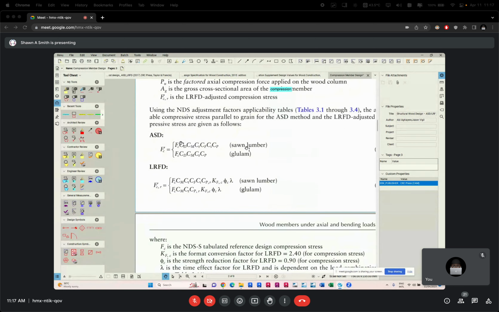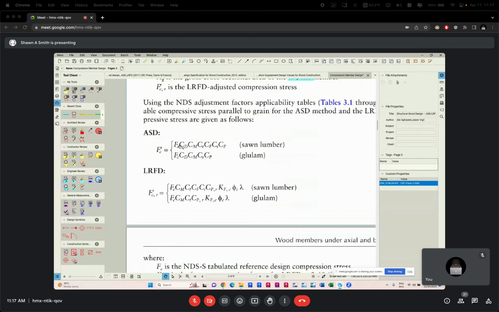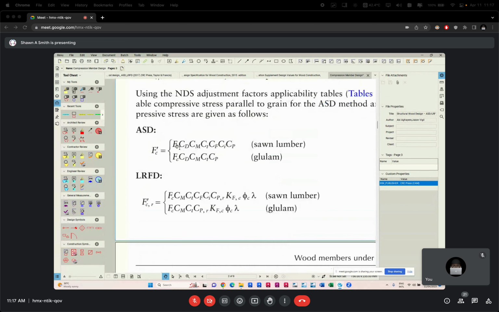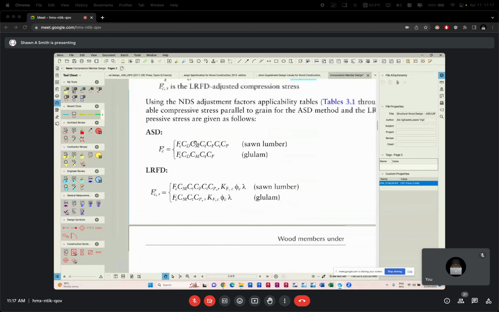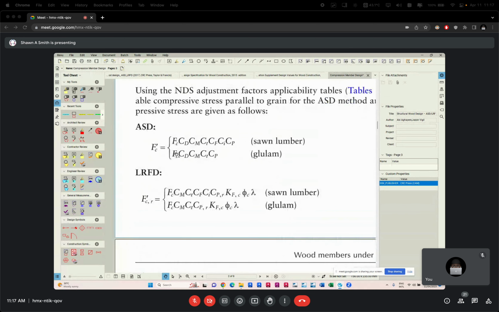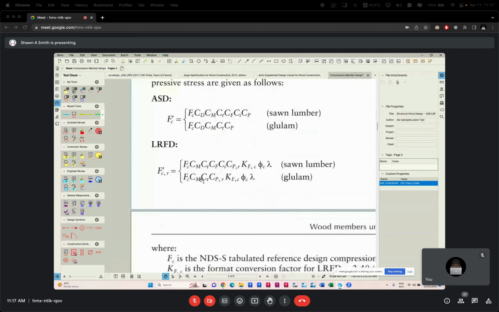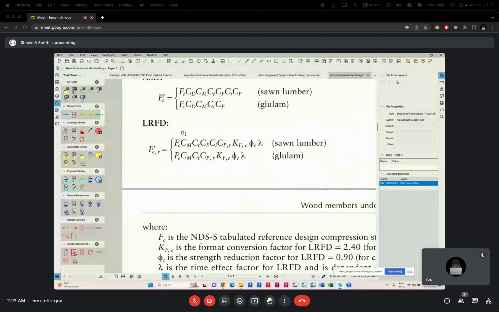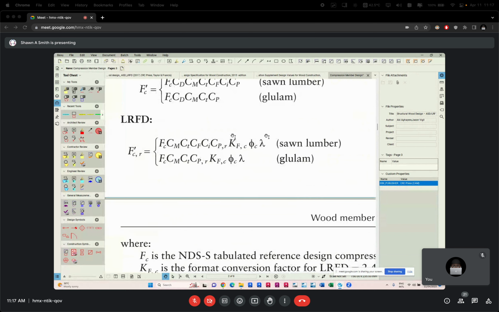For sawn lumber, it's the reference value from the table multiplied by all these. For glulam column, it is the reference value multiplied by all this. Under the LRFD, it's the reference value from the table times all of this, the last three being those designated for LRFD only.